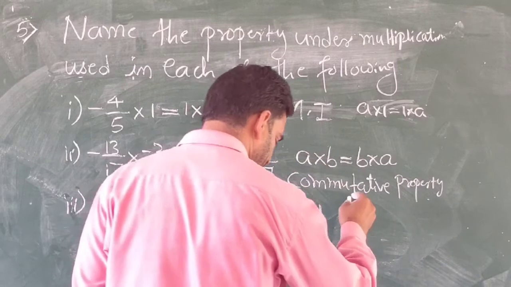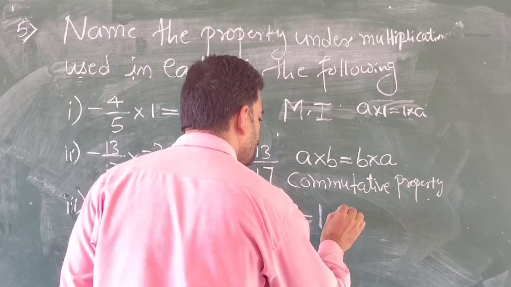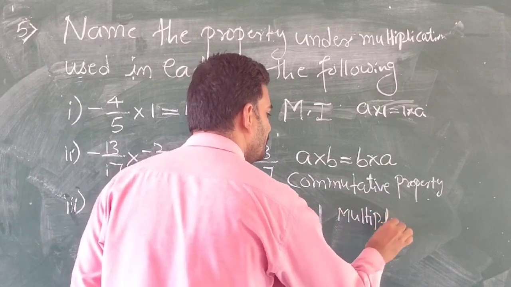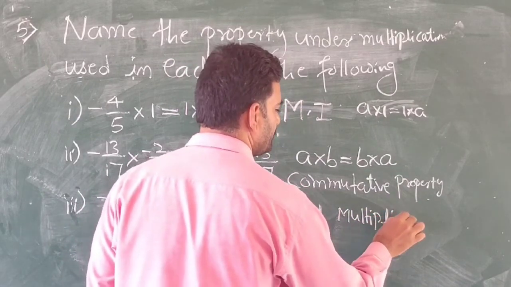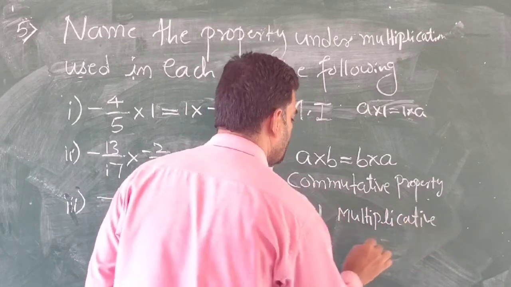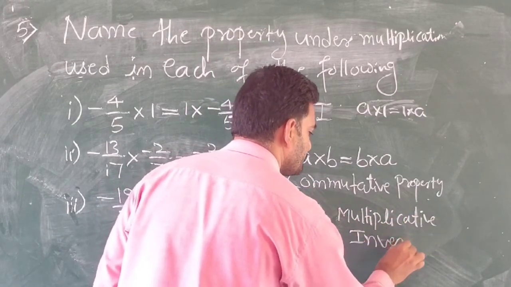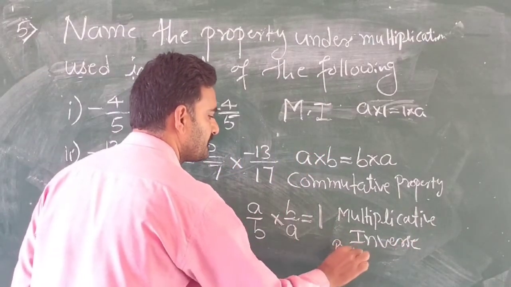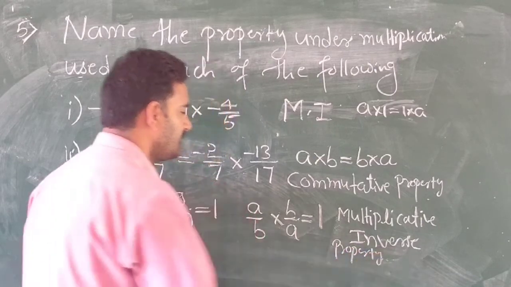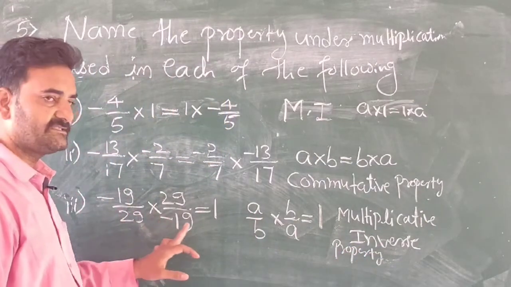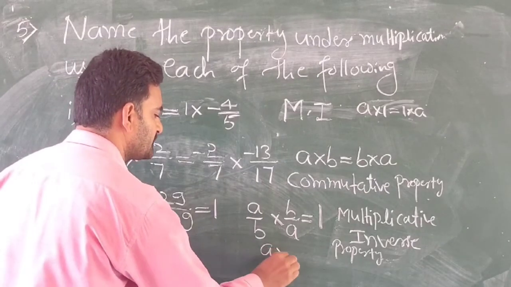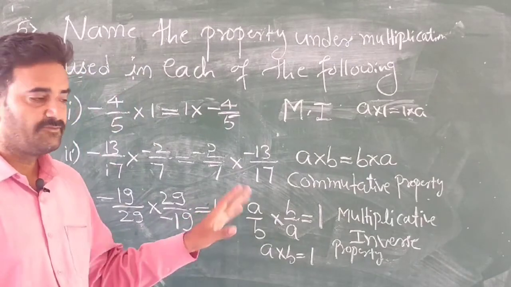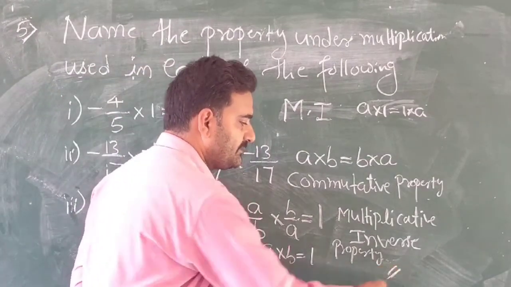This is the multiplicative inverse, the inverse property. So A into B is equal to 1. We can write it in this form also. So this is the way we are going to solve the problem.